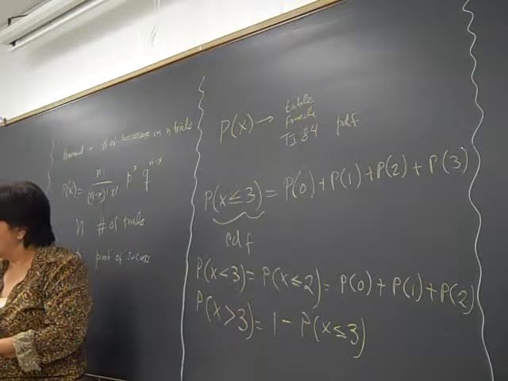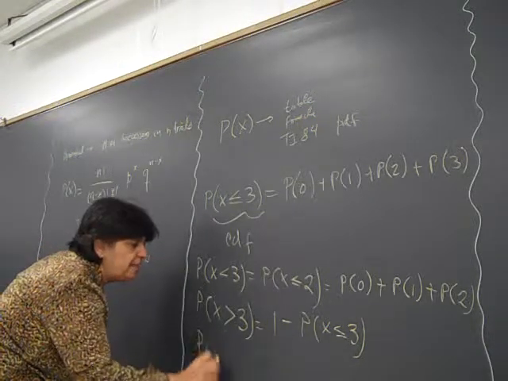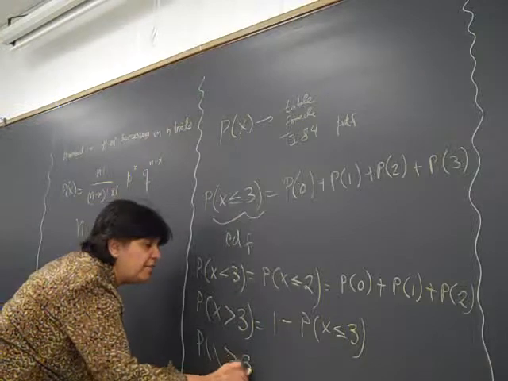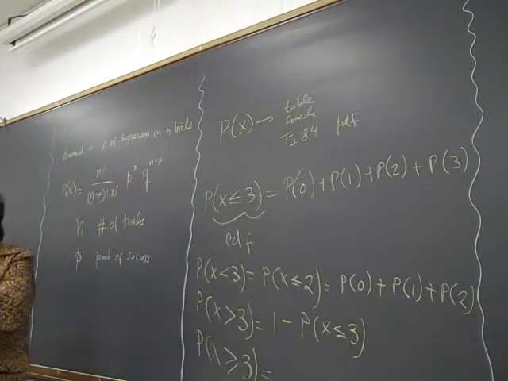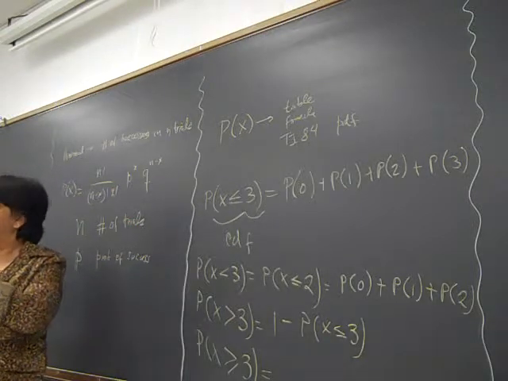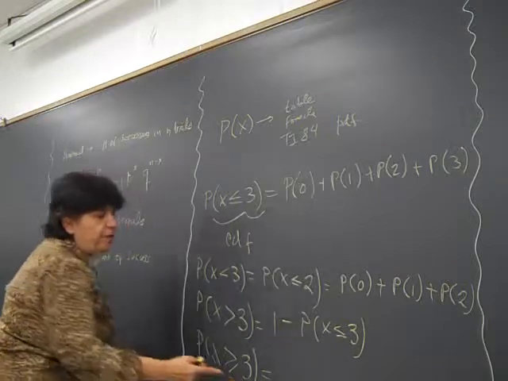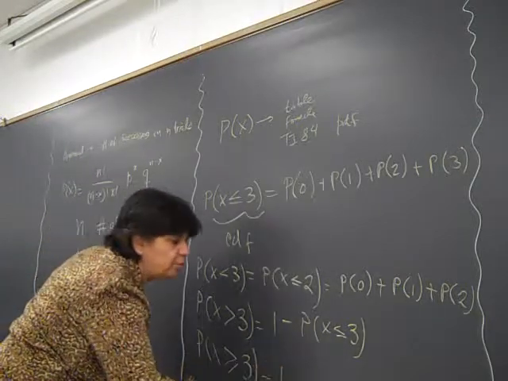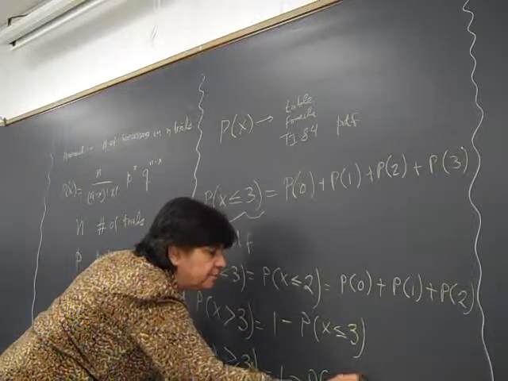Right? What if I ask you the probability that x is greater than or equal to 3? Okay. Again, you have to use the complement, and you have to say, well, the 3 in this case is included, so it has to be 1 minus the probability that x is less than or equal to 2.